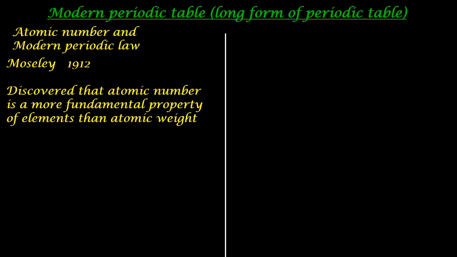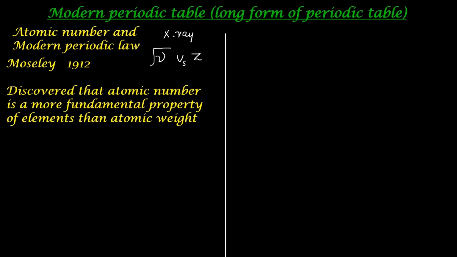Earlier, the identity of an atom or an element was considered as the frequency of the X-ray radiation emitted by that element. So, he studied the frequency of the X-ray radiation emitted by each of the elements known at that time. In order to find out whether this frequency of X-ray radiation emitted by the element had any relation with the corresponding atomic number, he plotted a graph of root of frequency against atomic number.